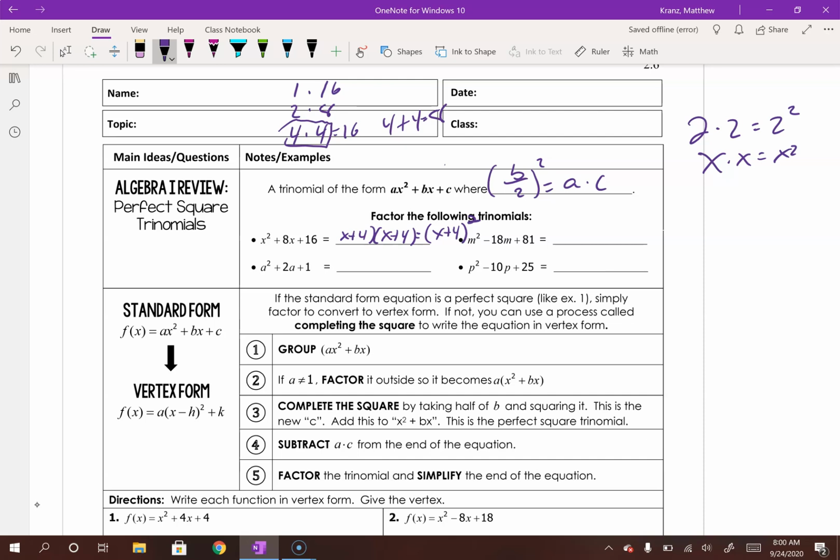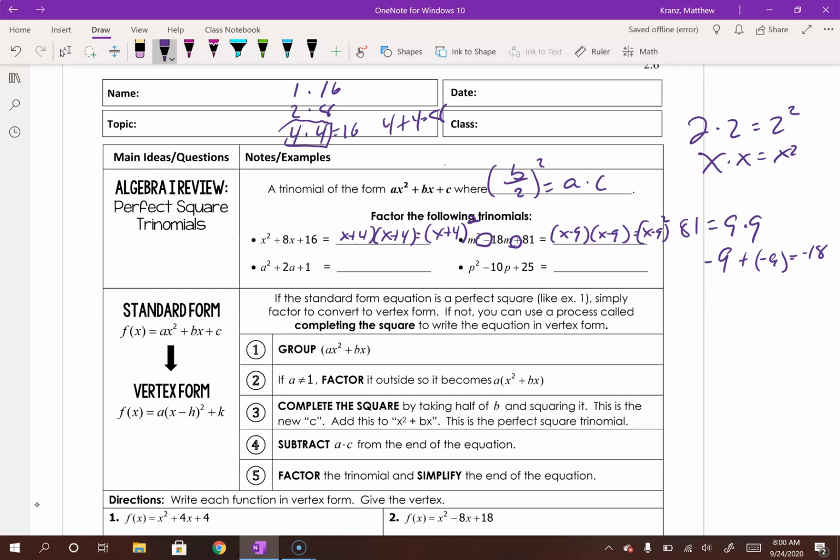And so when I look at 81, 81 equals 9 times 9. Now, this tells me that their signs are the same, and they're both going to be negative. So that means I have negative 9 plus a negative 9, and that does equal negative 18, which is right in the middle. So this one would just be m minus 9, which winds up being m minus 9 squared.